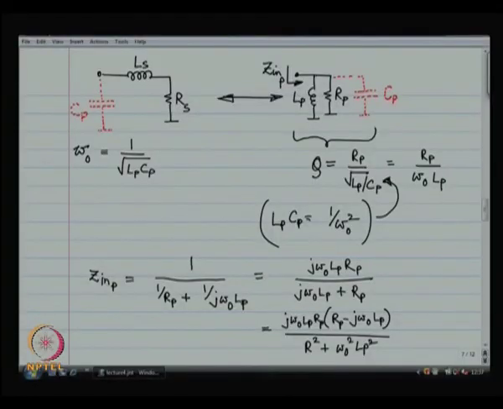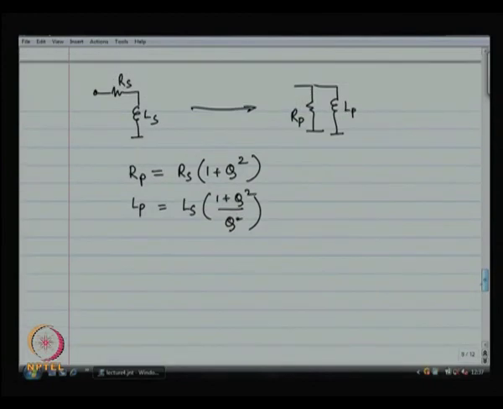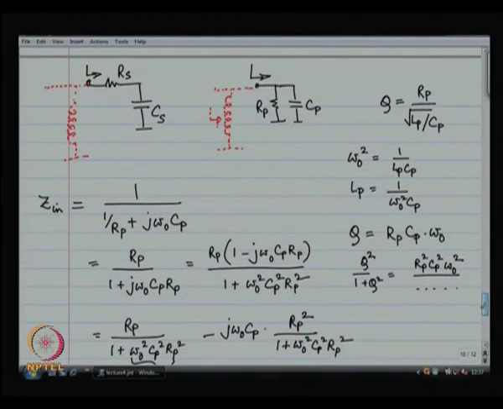As far as the inductance itself goes, it is more or less unchanged. We can also transform a series RC network to a parallel RC network and vice versa. Once again, the capacitance value itself remains more or less unchanged. The value of the resistance in the series RC network has to be 1 plus q squared times lesser than the value of the resistance in the parallel RC network.